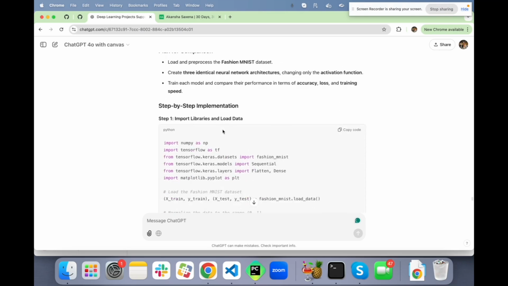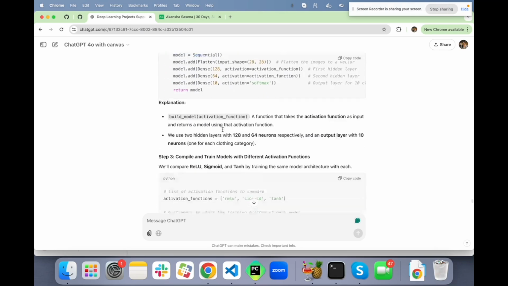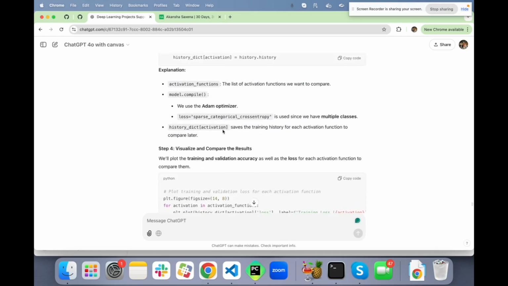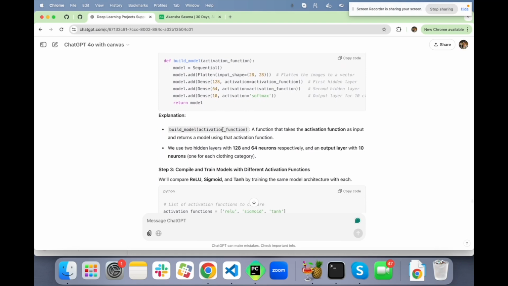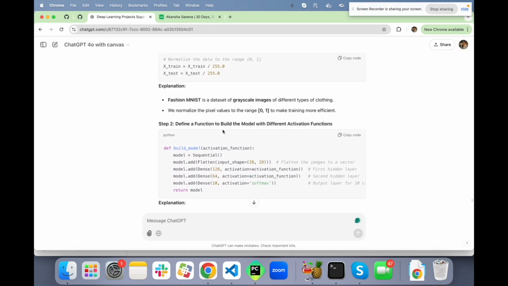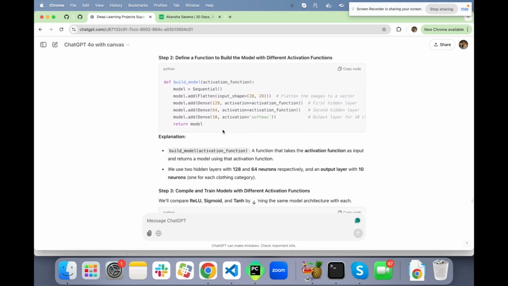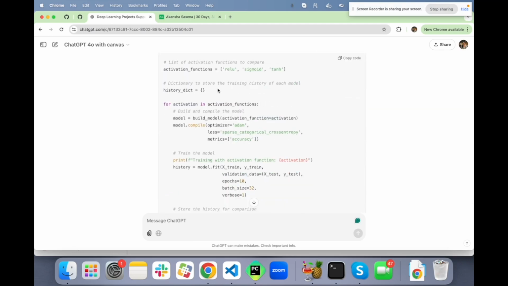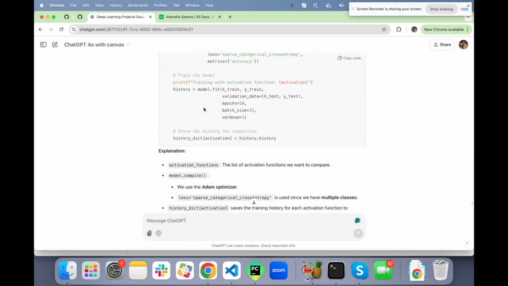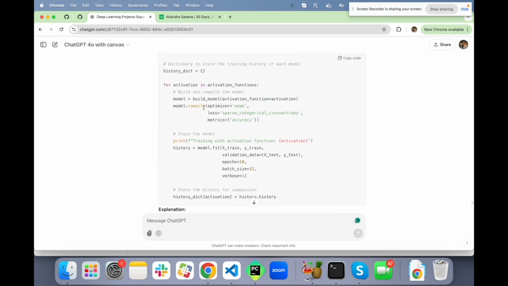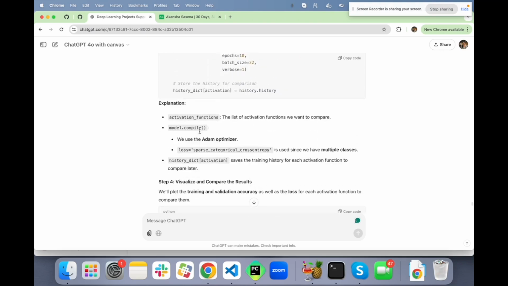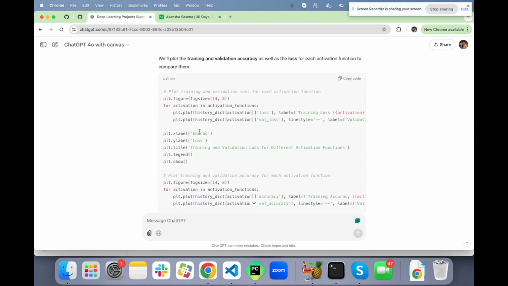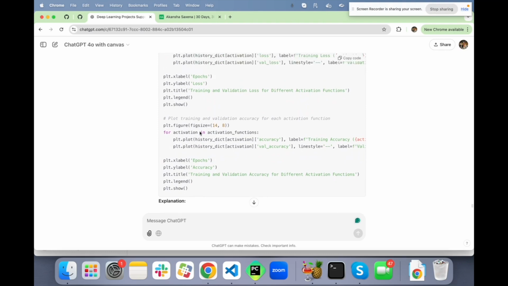So let's see how the problem is looking like. We define this function, and then we'll go ahead and use this activation function for performing all the steps, and then we will generalize.